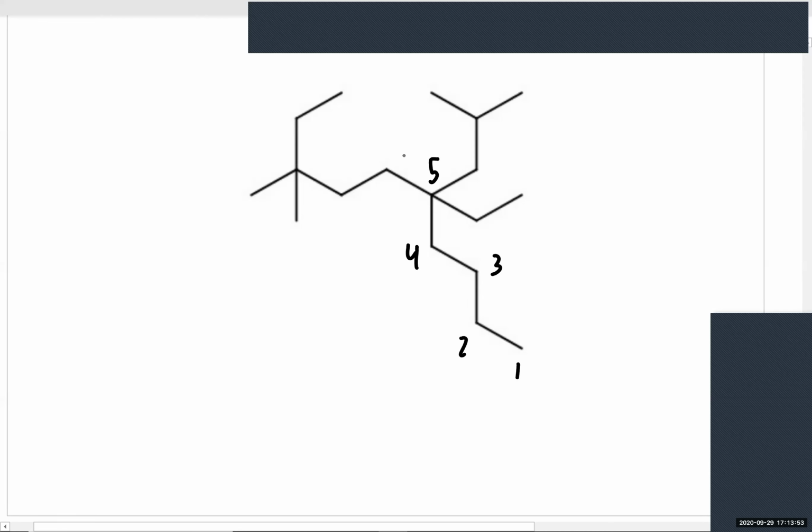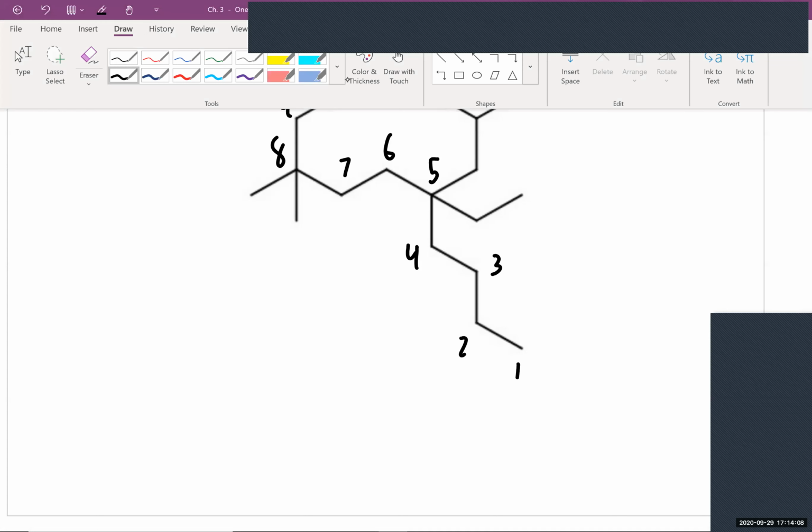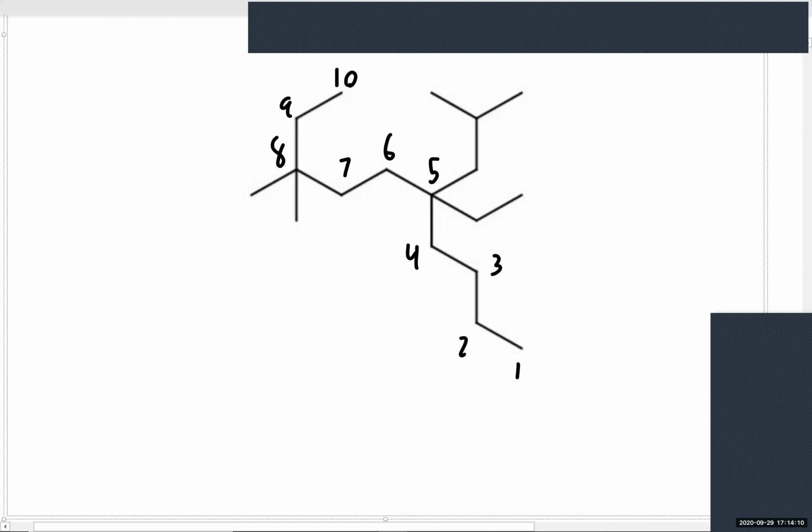Okay, now if we compare our next juncture, we have the longer chain on the left. So we're going to count down the left chain. So it appears to me that our longest chain has 10 carbons, since we want the longest chain with the most branching. Okay, we have 2 methods of counting.